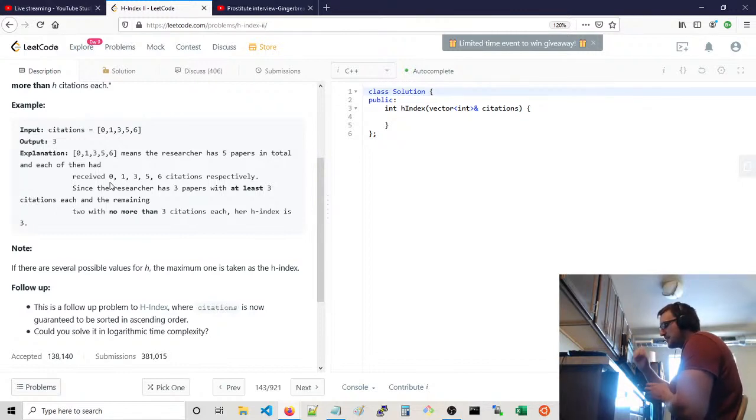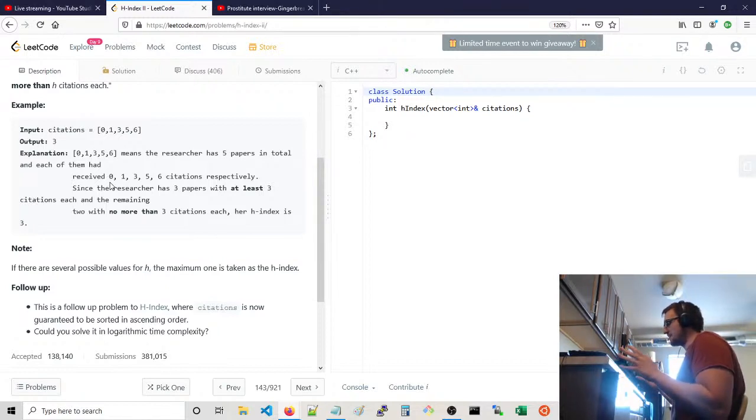You can count the number of papers with a particular index, and all the papers with more citations than the total number of papers all count in the same bucket, because it's fixed how many papers you have. That's the largest possible value you could have for your H-index. So you throw them all into the same bucket.